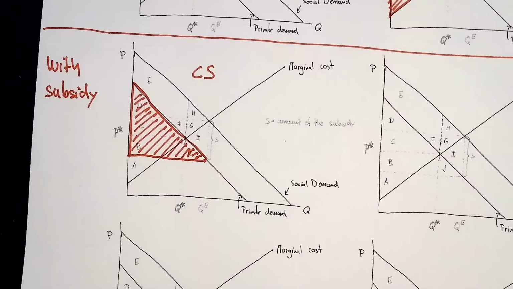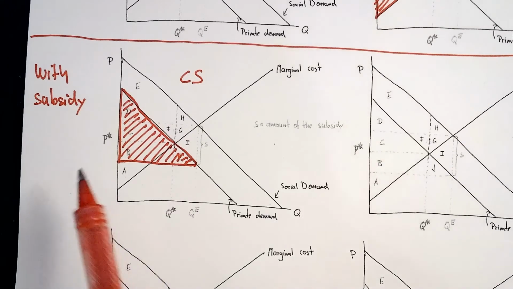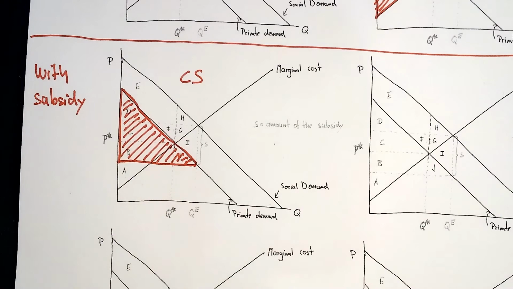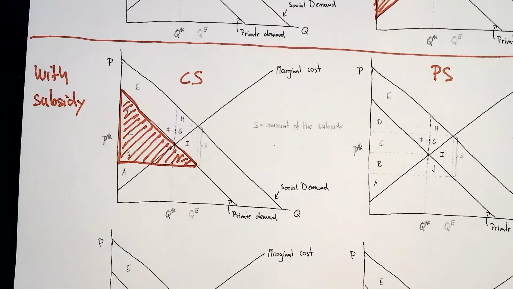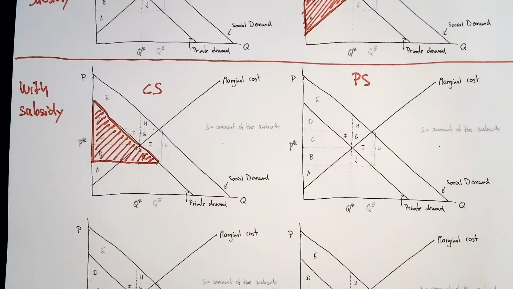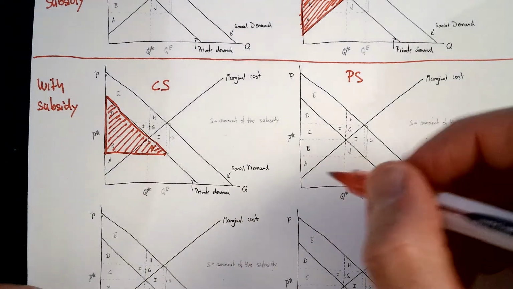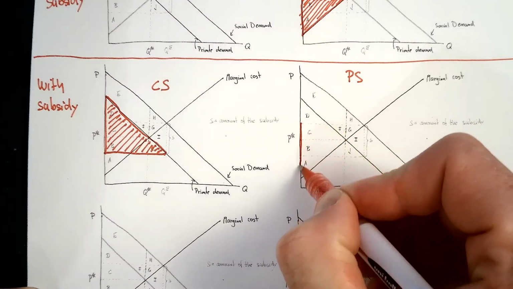Which represents all the four figures that we are going to look at. So now with the subsidy, because we are now having a lower price, we are going to see that the consumer surplus is larger. And we also have an effect on the producer surplus, because since there is now the subsidy, producers are also going to have a larger surplus.